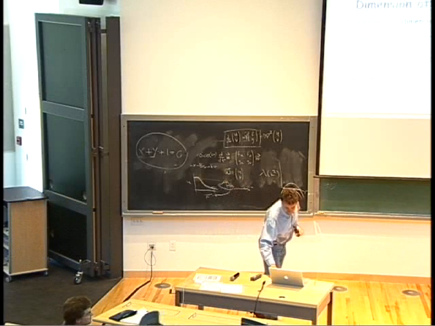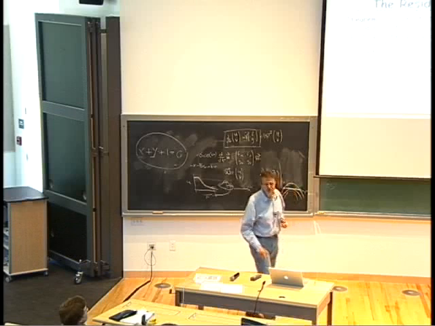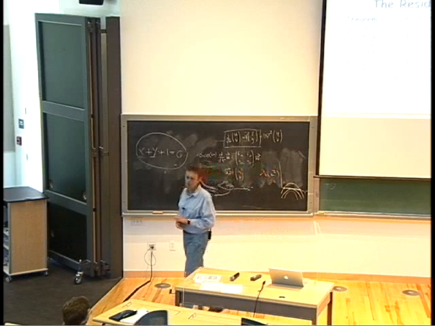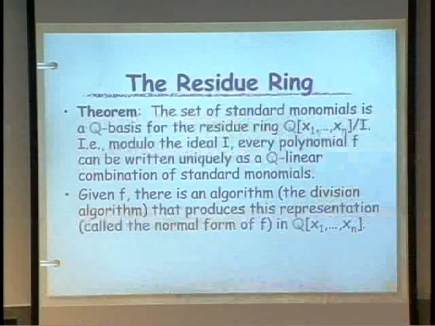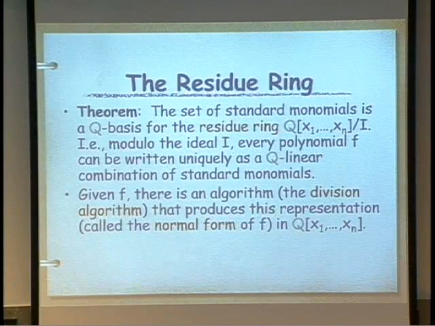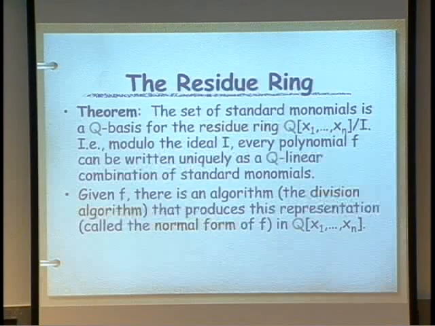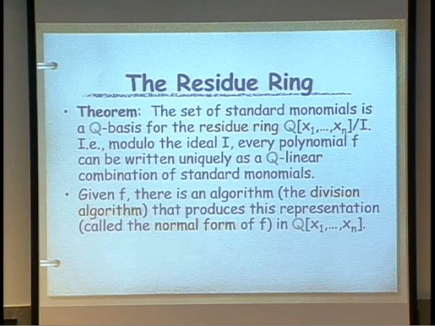Yeah, I said that ideals are sort of like normal subgroups. The factor structure is called the residue ring. So, theorem: the set of standard monomials is a Q basis for the residue ring. Now Q is really the rational numbers, modulo the ideal. So every polynomial f can be written uniquely as a Q linear combination of standard monomials. Given any polynomial, there's an algorithm, the division algorithm, that produces this representation, and it's called the normal form.